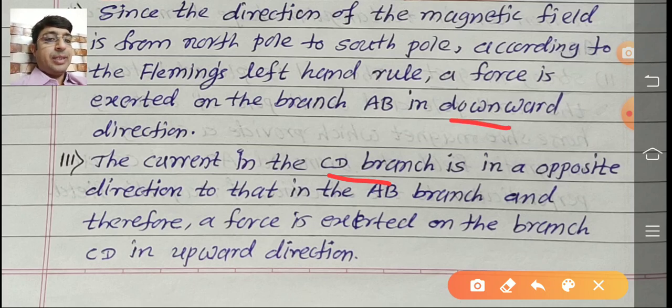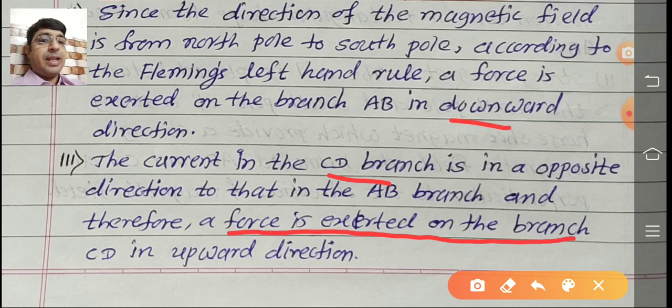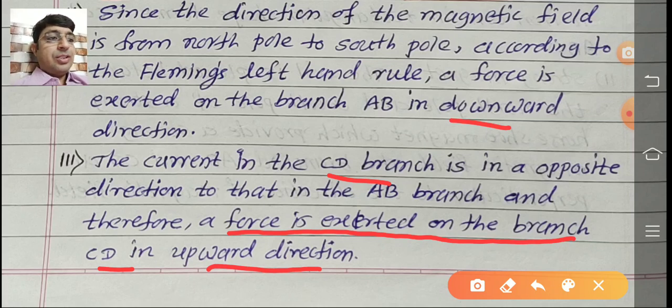At the same time, current flows in the CD branch in the opposite direction, that is in upward direction, and therefore force is exerted on the branch CD upward. You read these points and check the direction also.